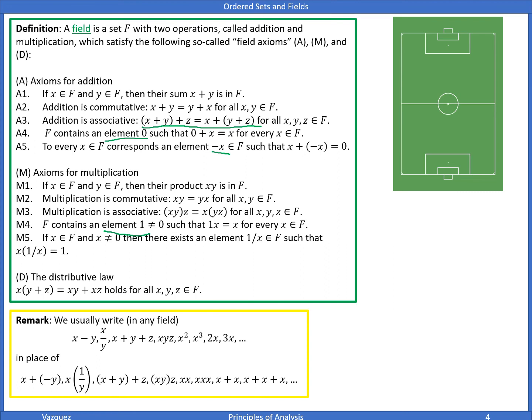For x minus y, we write this here instead of x plus negative y, right? So on and so forth. We don't want to write this out, so we write x over y. Or especially like x cubed and 3x, we don't want to write x times x times x or x plus x plus x. Right, so that's just a little notation or just a remark.